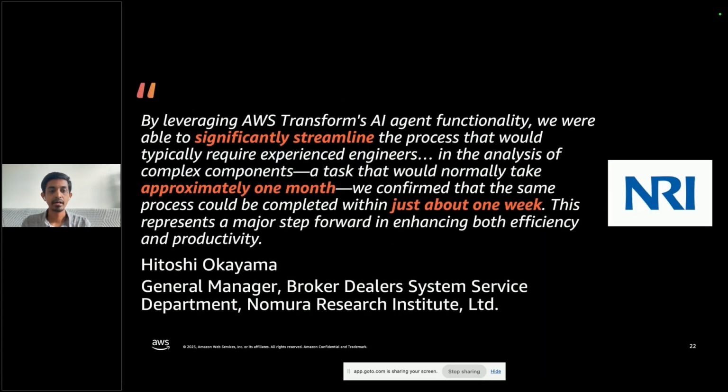NRI, a software company and also a service company based out of Japan, expanding their scope in global regions, has leveraged AWS Transform and reduced their analysis and project start time significantly, to weeks compared to months before.